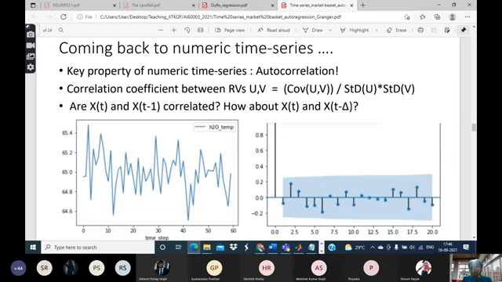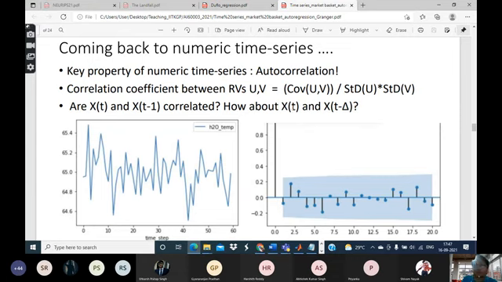If delta is equal to 1, that basically means we are considering lags of 1. We have two versions of the same time series. One is the observations as we see them, and the other is a lagged version of the time series.